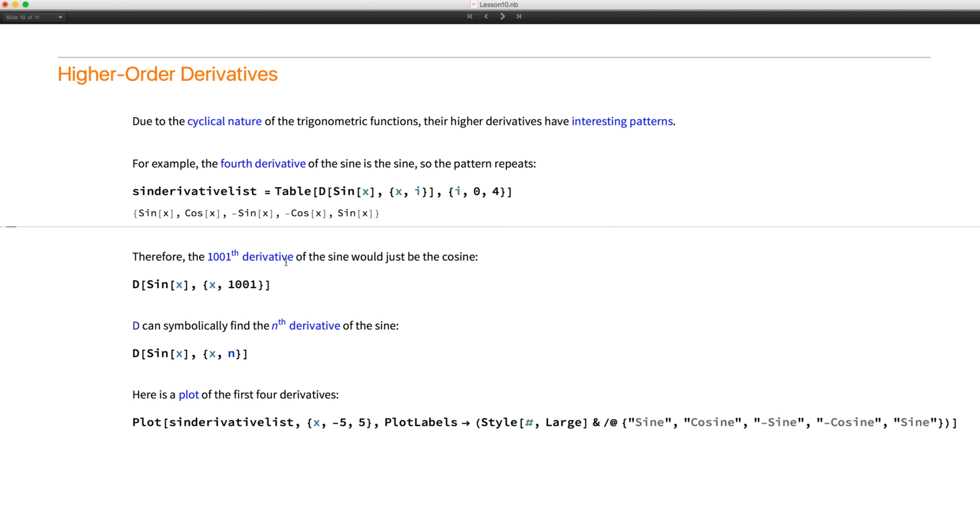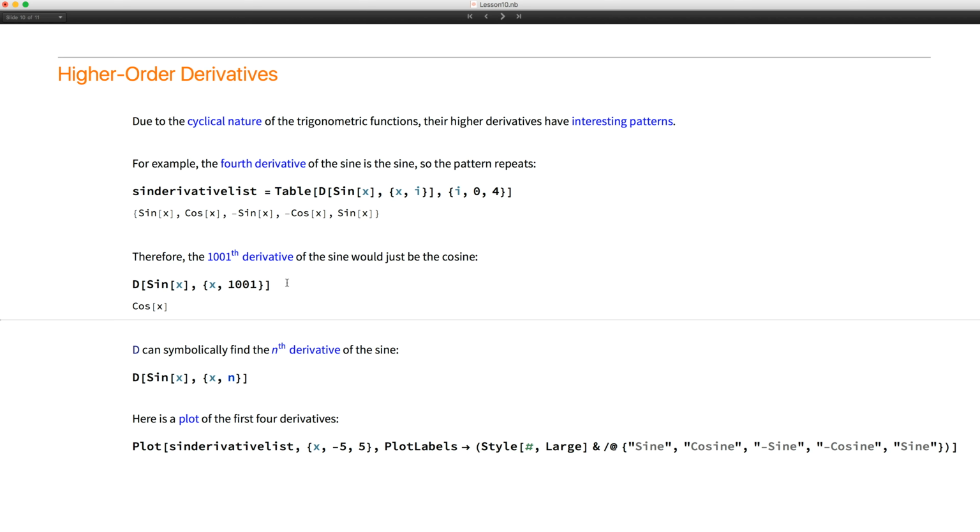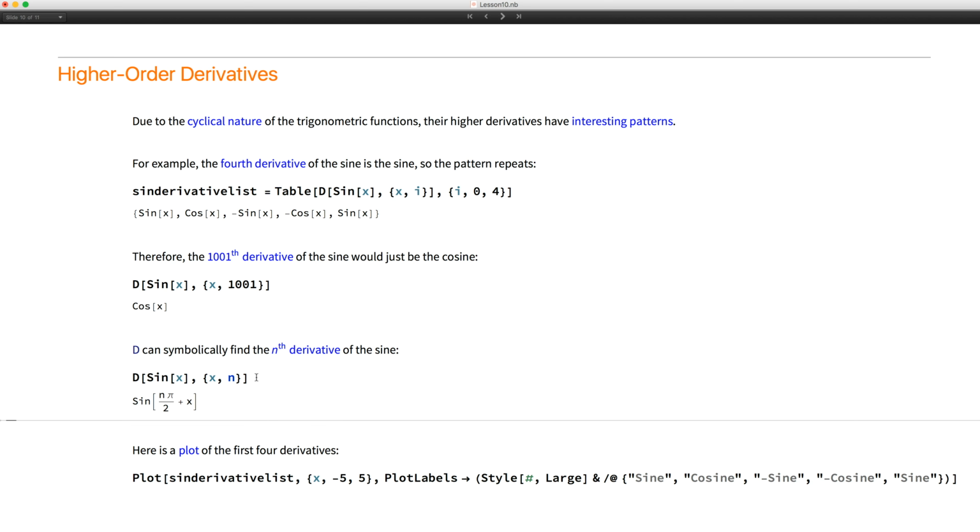That says that, for example, if I ask you what is the 1001st derivative of the sine function, you would say, oh yes, if you divide by 4, you just get 1 as a remainder, and so the answer is cosine of x. In fact, there's a very nice formula for the nth derivative of the sine function. It's just sine of x plus n times pi over 2.